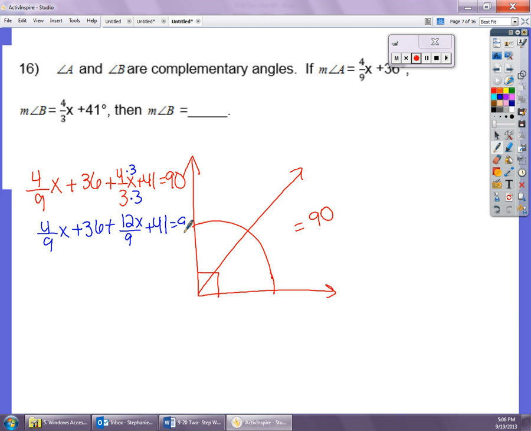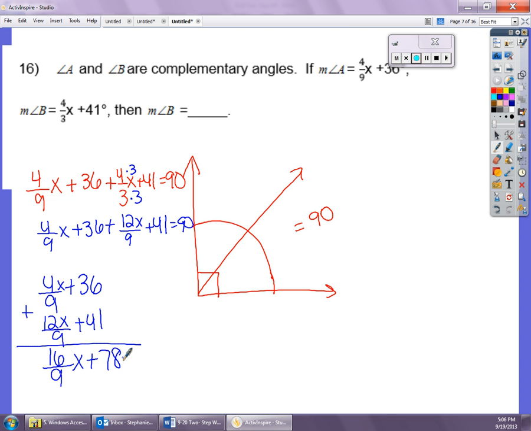Now I know sometimes it's hard to add from left to right, so feel free to add up and down. Okay, so if you add up and down, you'll see that 4 plus 12 is 16. The 9s stay the same. 36 plus 41 is 77. And that's equal to 90. Now you have a nice two-step equation.